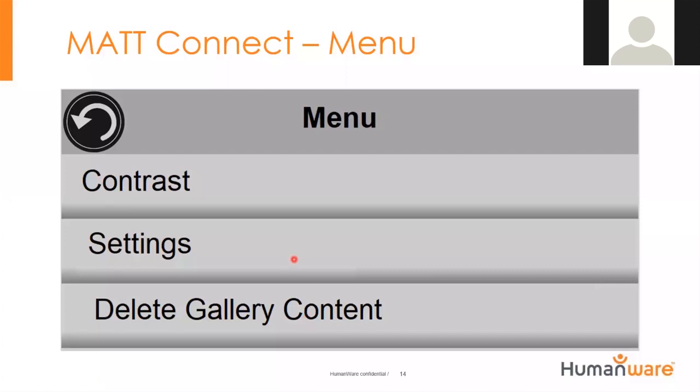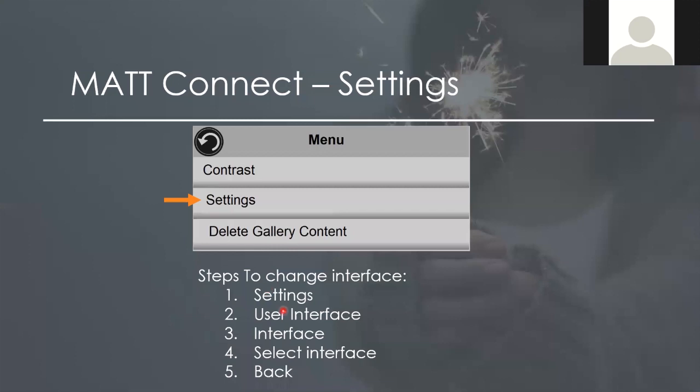But if, let's say, you're in the standard mode, then you can just go in the settings application in the advanced mode, and you'll see a big icon, settings, in Prodigy. You go into settings, select user interface, so you tap on interface, and then you select the interface you want, and then you just go back and everything's done automatically for you.